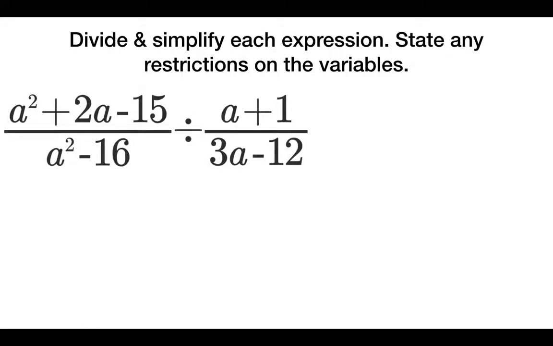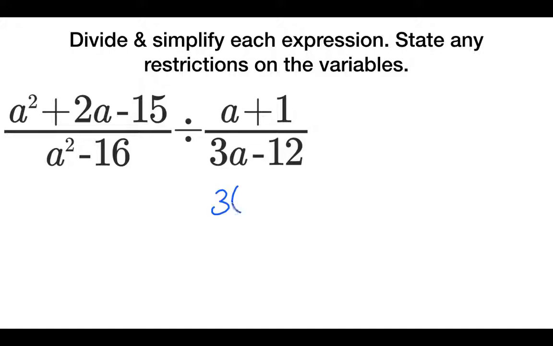All right, now let's divide and simplify each expression stating the restrictions on the variables. So a squared plus 2a minus 15. I actually need to start off by factoring out this bottom, because once again, I want to make sure that I know that factor first.